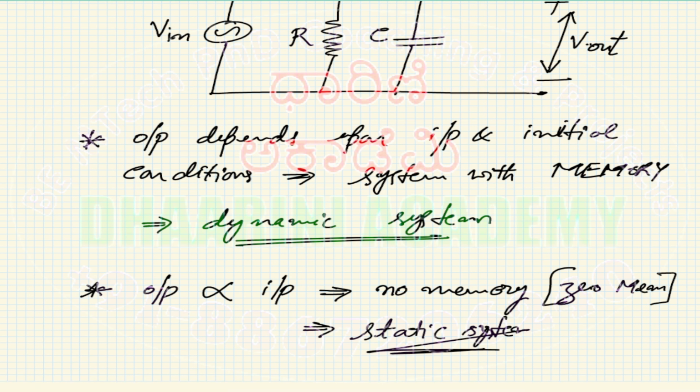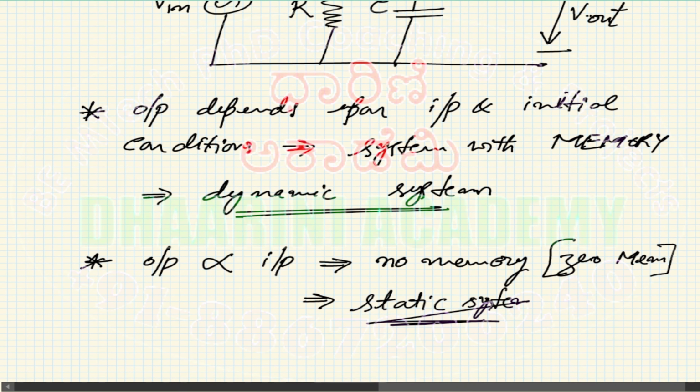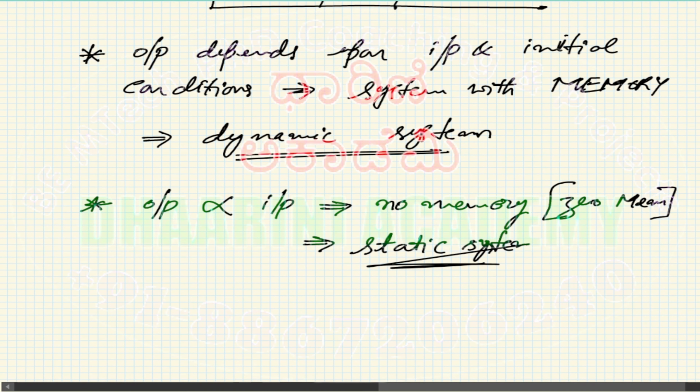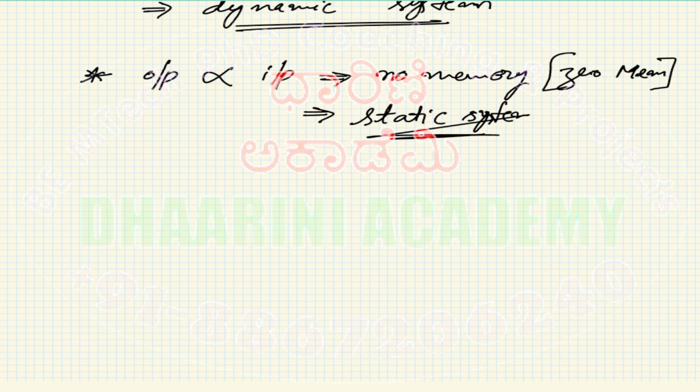As of now, we already considered static throughout. Now we are moving to dynamic systems, and we have already seen how to proceed when a dynamic system is represented by a differential equation.